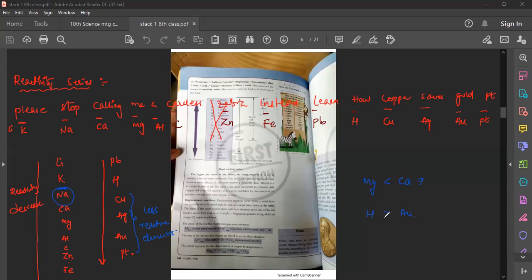Hydrogen is more reactive. So hydrogen can displace gold? Yes, sir. Understand, Sahu? Any doubts in the reactivity series?